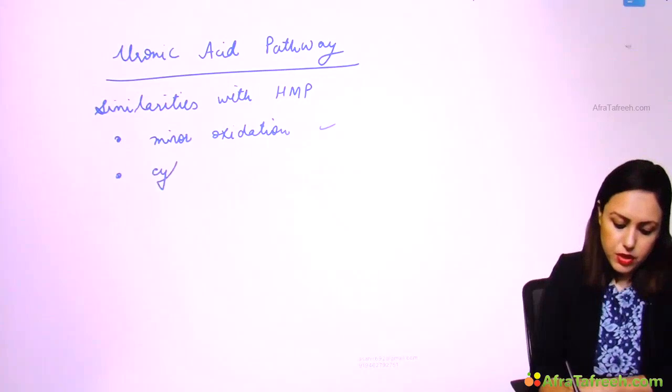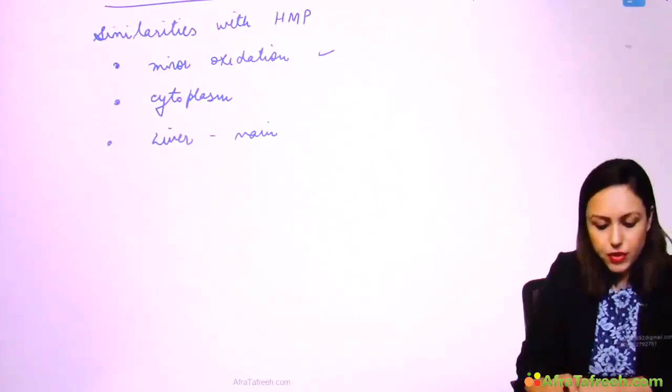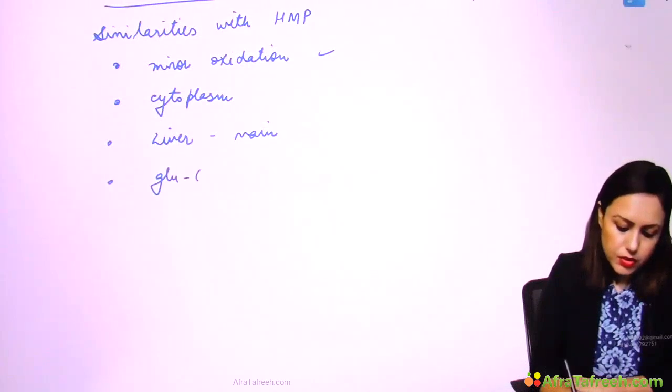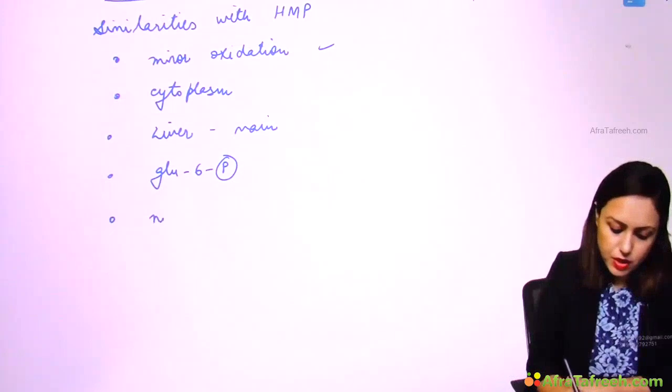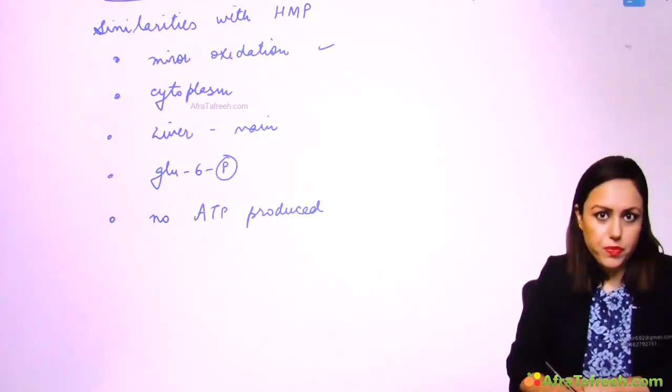Then this pathway also occurs in cytoplasm. The main organ is liver. The starting material is glucose 6-phosphate and no ATP is produced in this pathway.